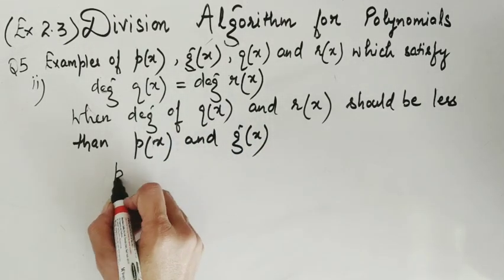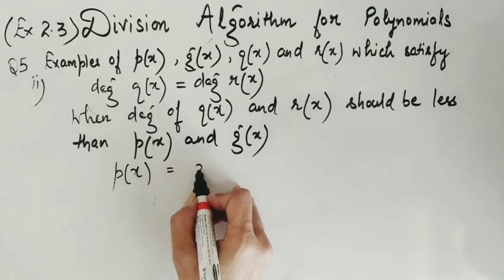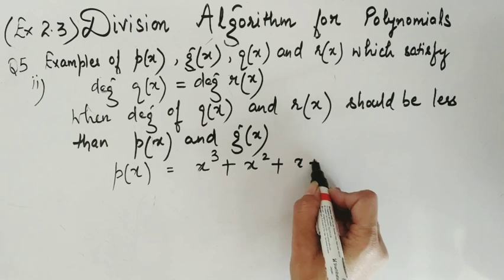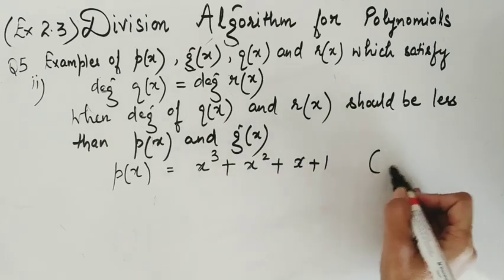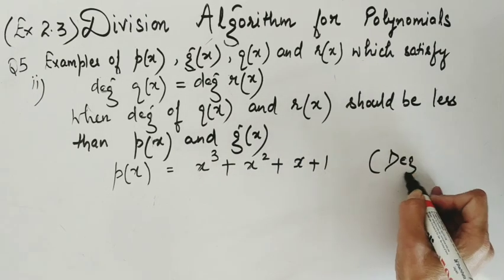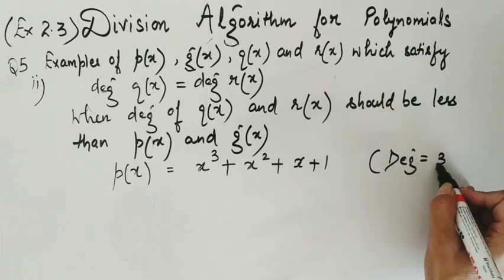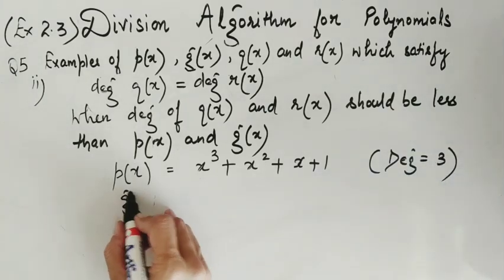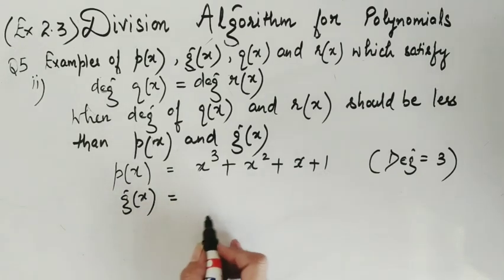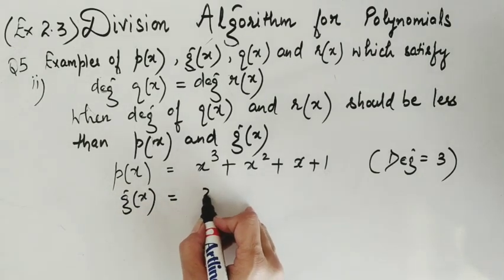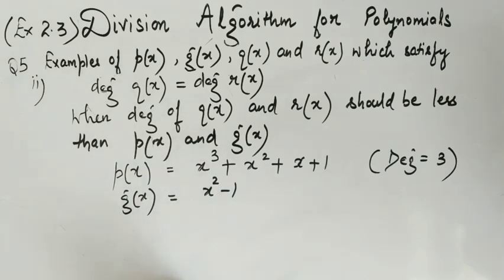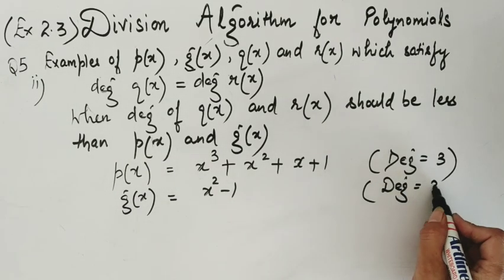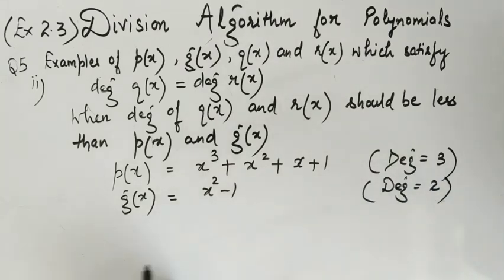Let's take an example. If suppose px is x cube plus x square plus x plus 1, what's the degree? Degree for px is 3. Gx, now I am taking gx as x square minus 1. Degree is 2.